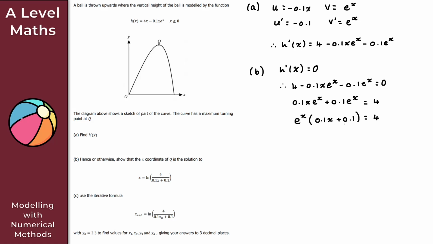So now I'm going to divide by 0.1x plus 0.1. So e to the x is equal to 4 all over 0.1x plus 0.1, like so. And then finally here, if we just want x here, obviously I need to take logs here, the natural log of both sides.